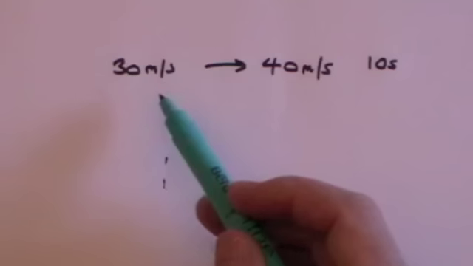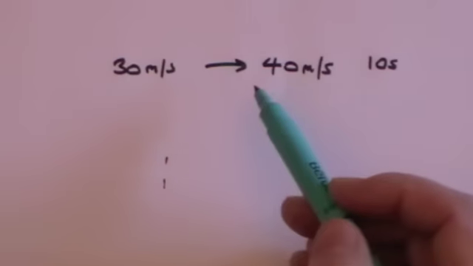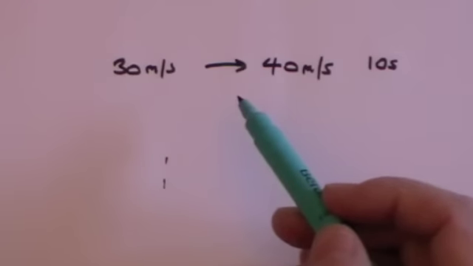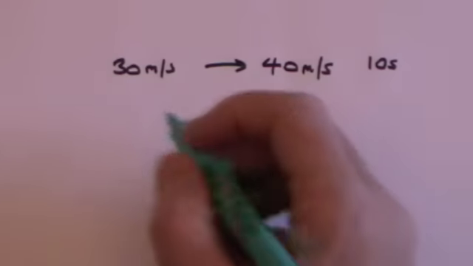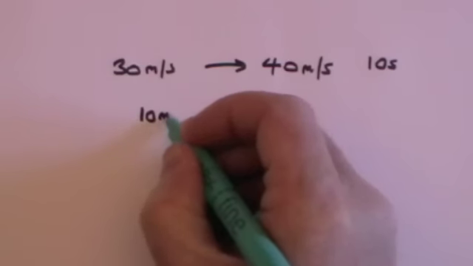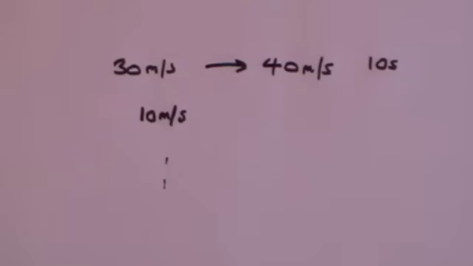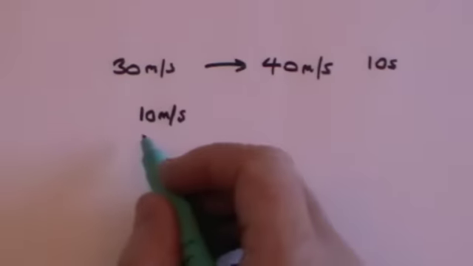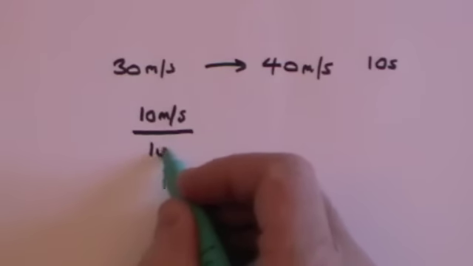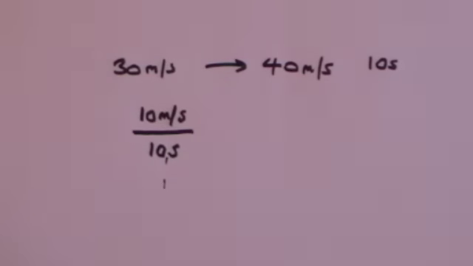What was the actual change in speed? Well, if we go from 30 to 40, the difference or the change is 10 metres per second. So we actually changed our speed by an amount of 10 metres per second. And we did that in a time of 10 seconds.